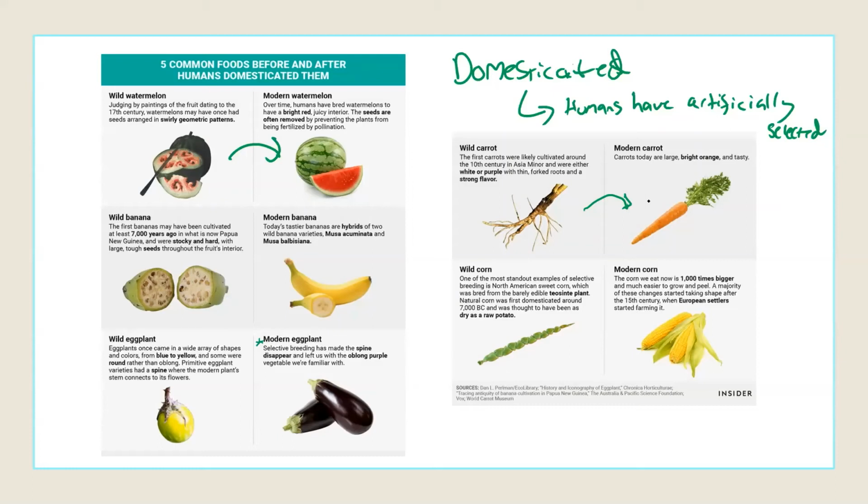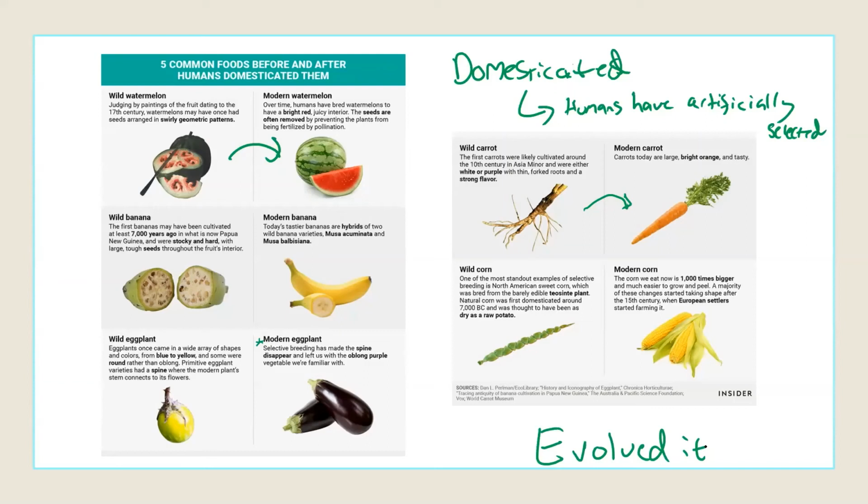Corn was originally like these grass seed kind of things, and now we've evolved it to look like a modern corn. And you guys might have heard me just say, whoa, did you just say we evolved it? And you might say, is that the right word? And this is where we're going to end. Yes, technically all of these are evolutions.